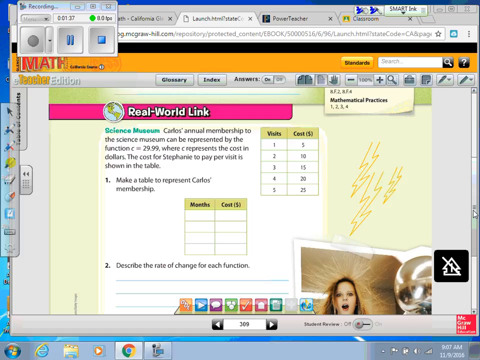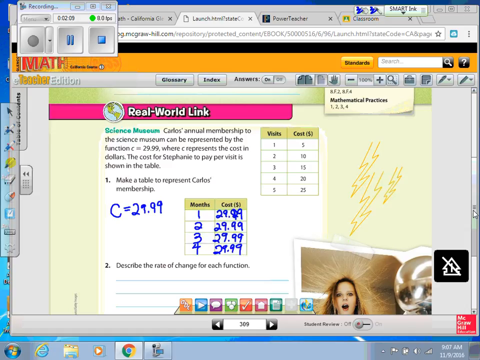So we can also put 1, 2, 3, and 4 months. And then we can multiply that using the equation C is equal to $29.99. For the first month, it's $29.99. Second month, $29.99. Third, and fourth.